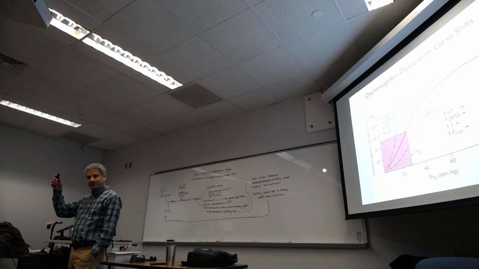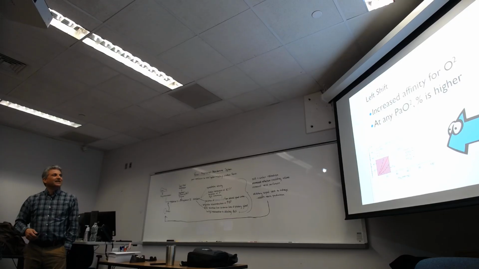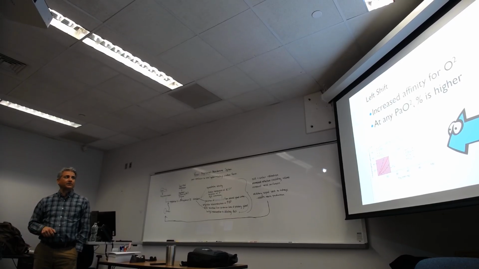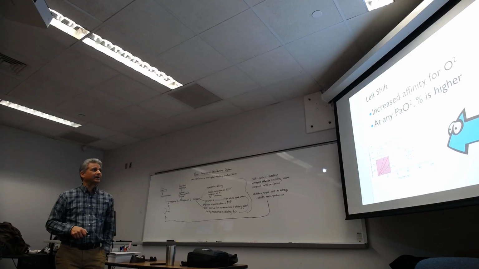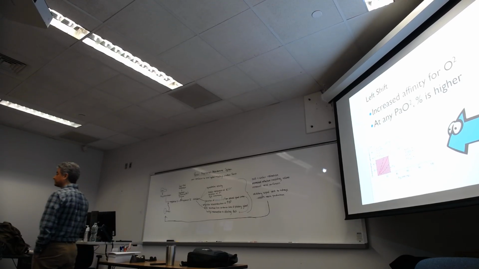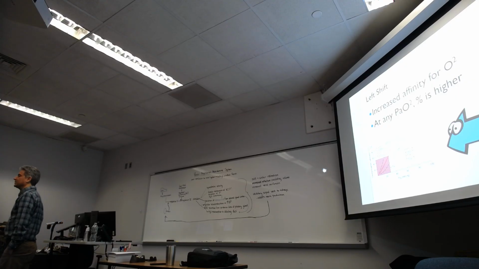Okay, just keep stewing with it. All right, so left shift: increased affinity by hemoglobin for oxygen. It hangs on to it. The percentage of saturation is higher. And what does that ultimately mean? The tissues are not getting it, right?